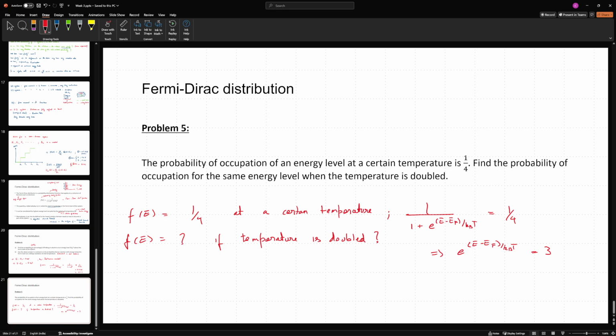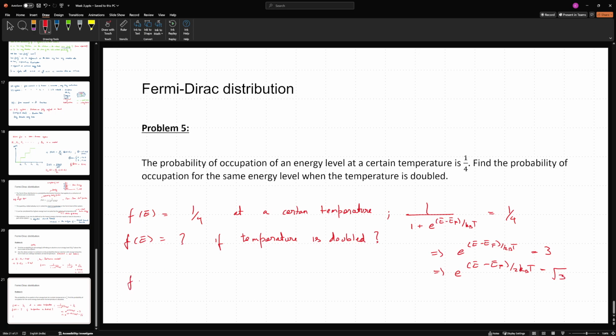Because if this is 3, this will become 1 by 1 plus 3, which is 1 by 4. Now when the temperature is doubled, what is going to happen? This quantity will become the square root of what it was, because T is in the denominator, which implies e to the power (E minus EF) by 2kBT is equal to square root of 3.